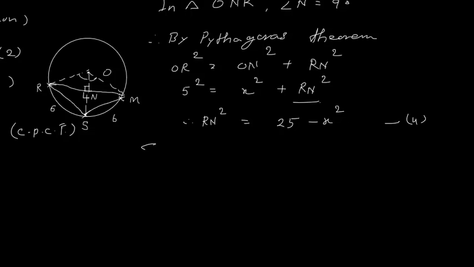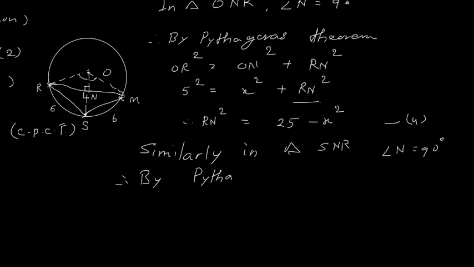Similarly, in triangle RNS or triangle SNR, angle N is 90 degree. Therefore here also we will apply Pythagoras theorem. So by Pythagoras theorem, RS square is equal to RN square plus SN square.